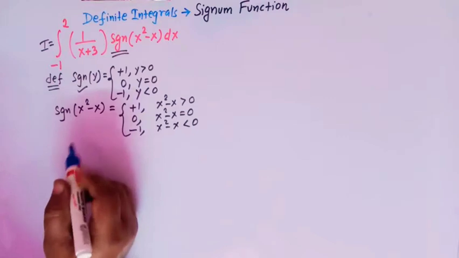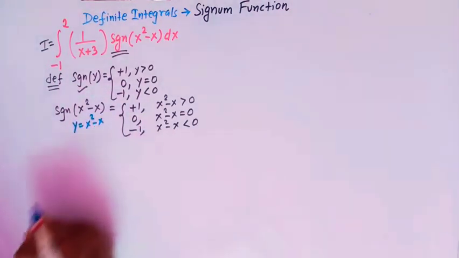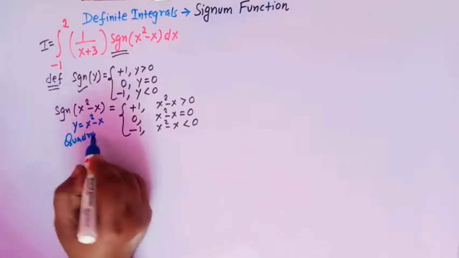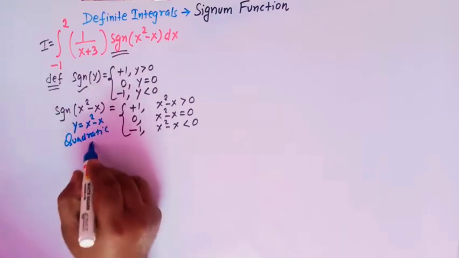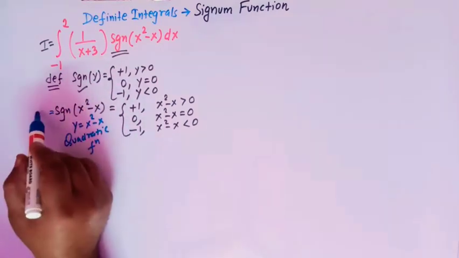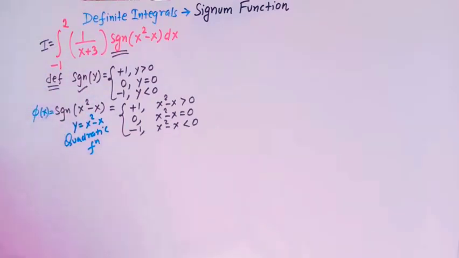So here we see that for y we have this function x square minus x, and this is a quadratic function. Let us call this function phi of x.